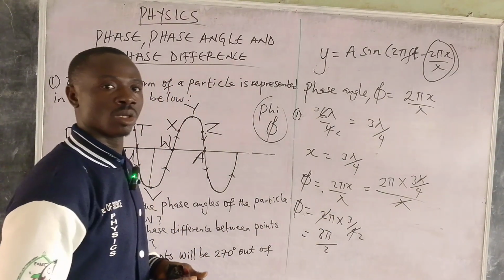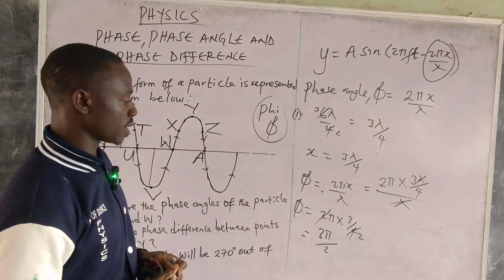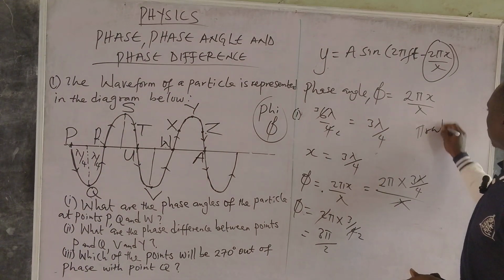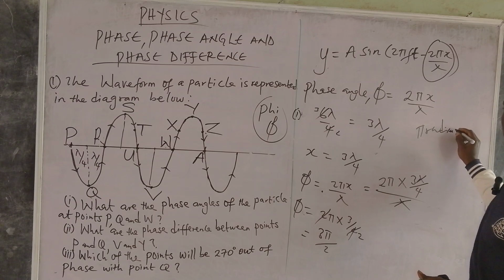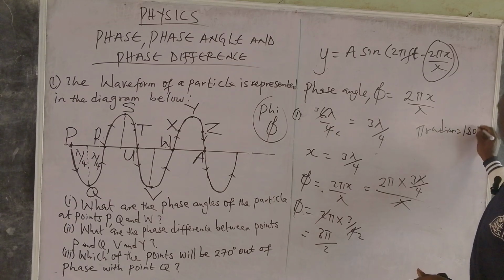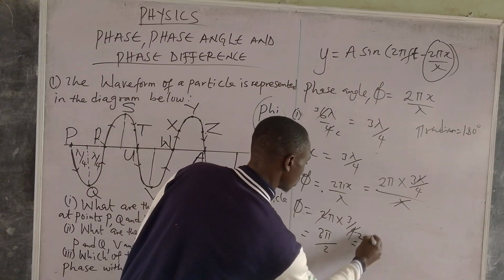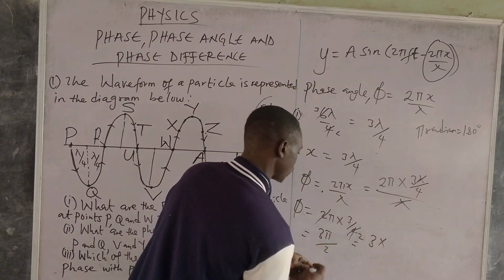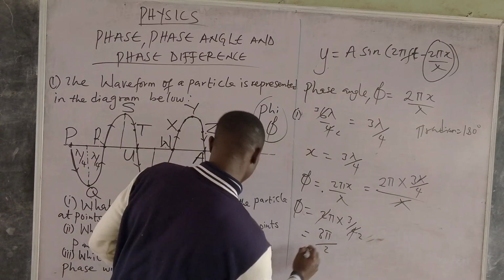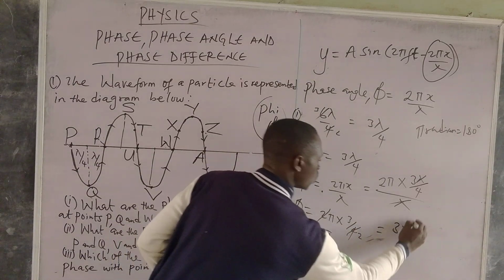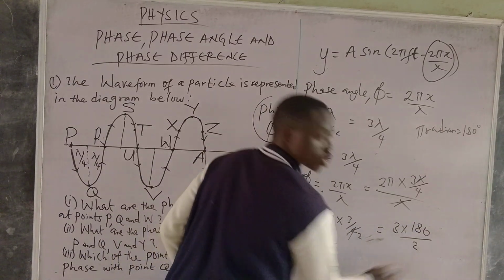All right? But what is pi? Pi radian, don't forget that since 2 pi radian is 360, pi radian is equal to 180 degrees. So we are going to substitute here. This is going to be equal to 3 times, what is pi? 180 over 2, all right?